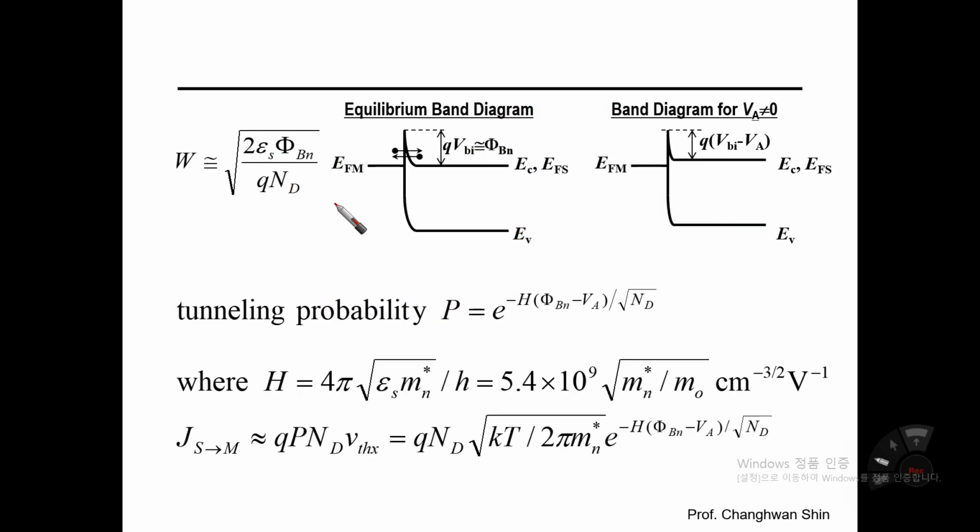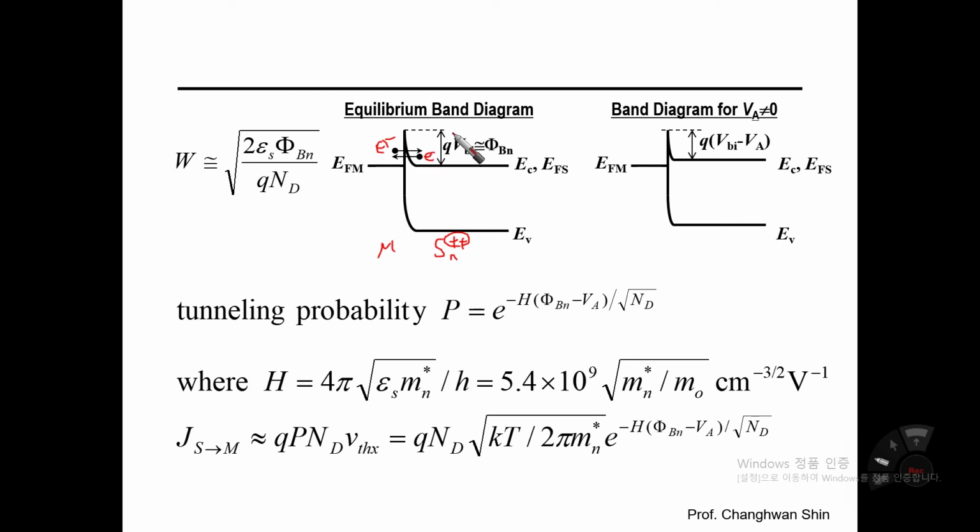All right. On the top side, you can see the energy band diagram along the x direction of an MS contact, a metal and N++ heavily doped semiconductor. Now electrons in the metal side and in the semiconductor side can move back and forth.